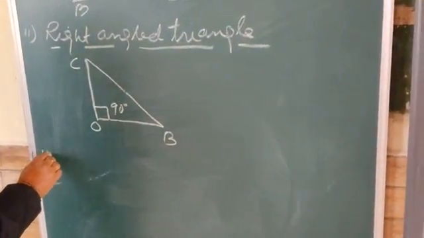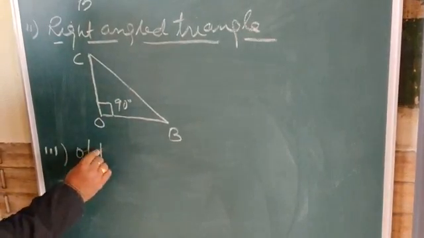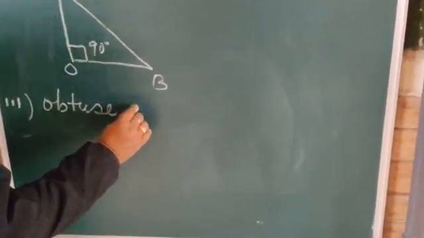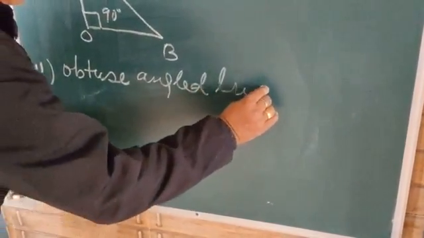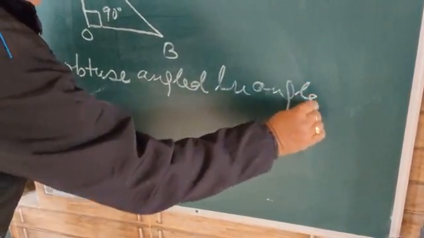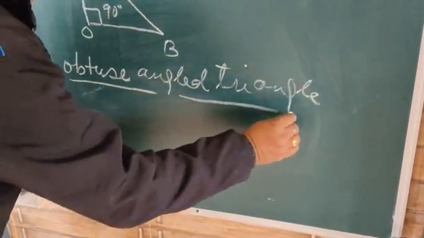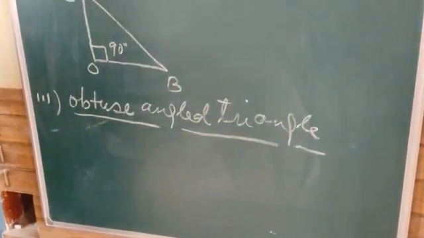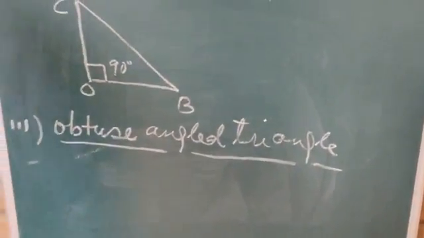Third, we have the obtuse angled triangle. A triangle in which one of the angles is obtuse. Obtuse means more than 90 but less than 180.